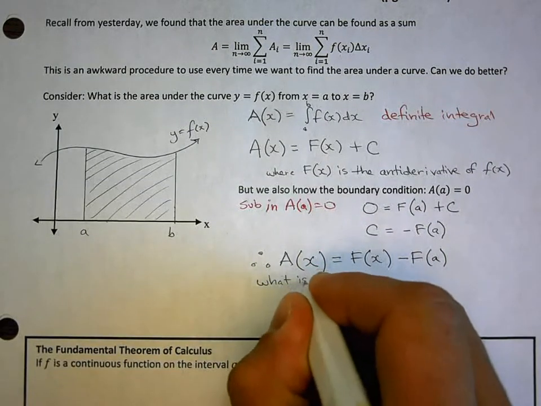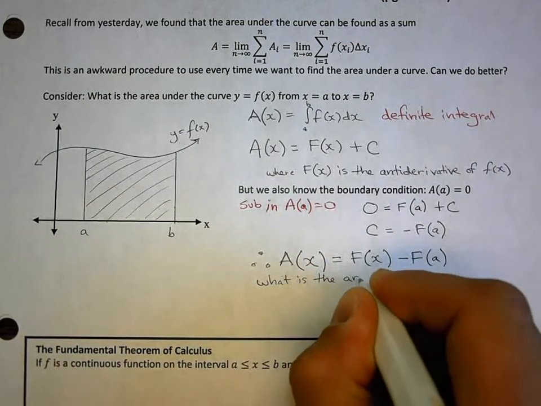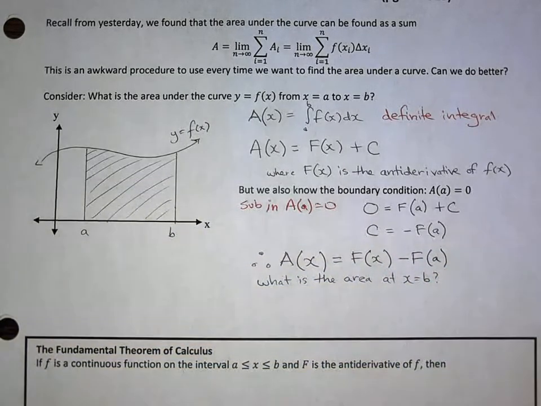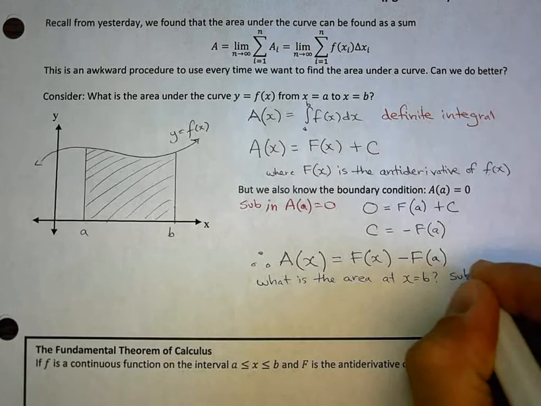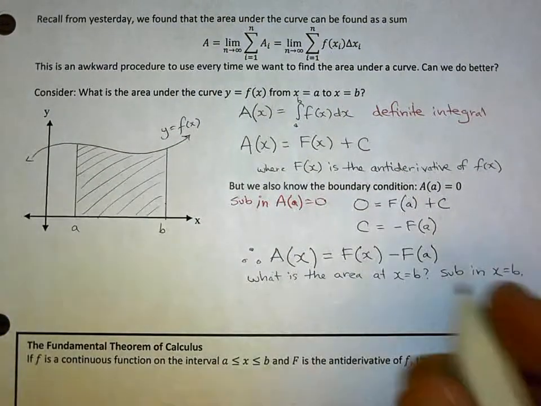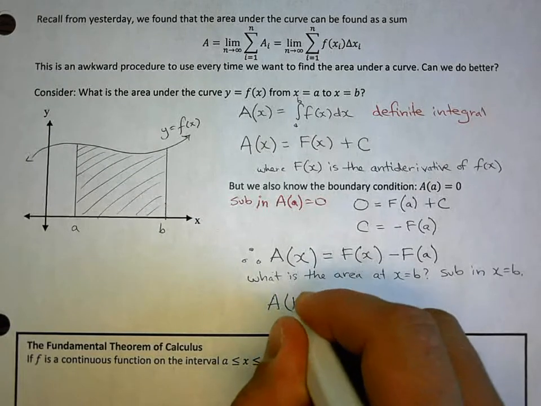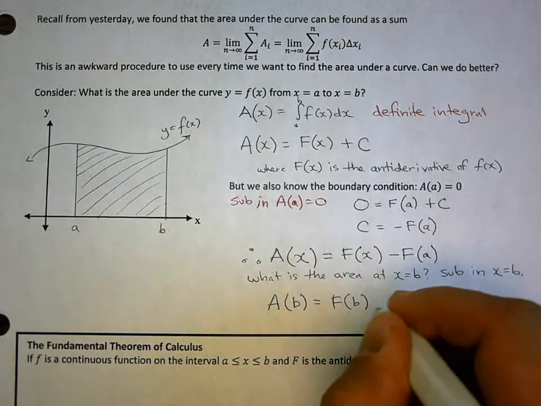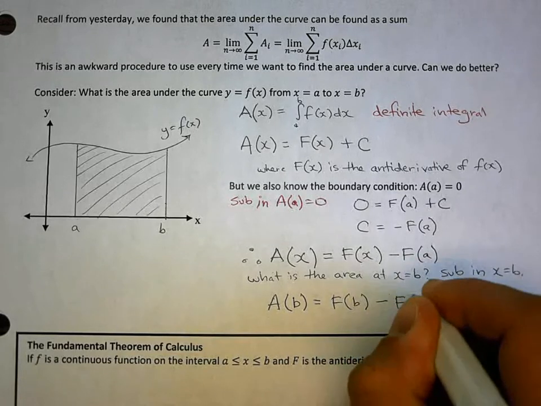So if we want to know what the area is at x equals b, to do that we sub in x equals b. And we end up with the area at b is equal to the antiderivative at b minus the antiderivative at a.